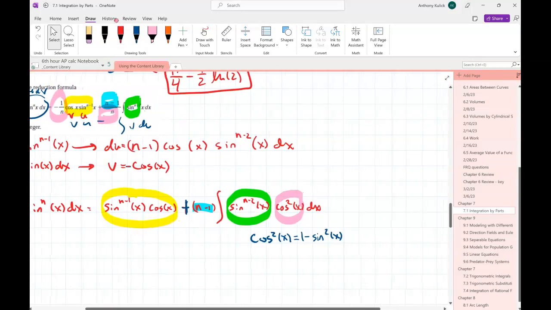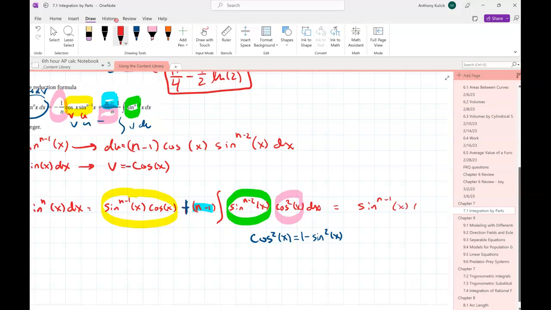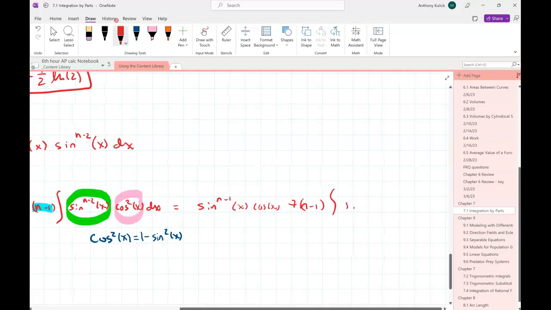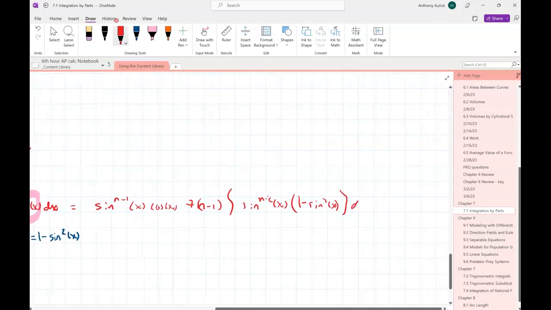So if I do that now, I have sine to the n minus 1 x, cosine x, plus n minus 1 times the integral of sine n minus 2 x times 1 minus sine squared x dx.